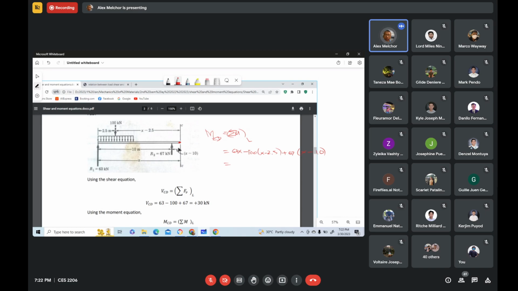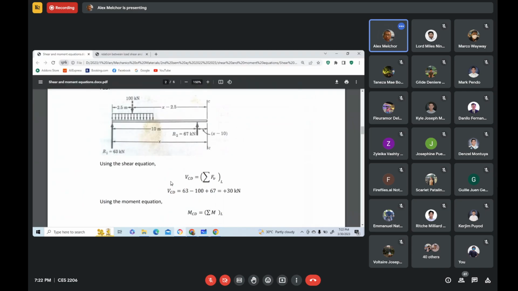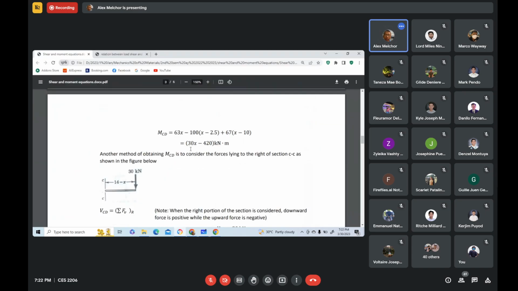So that gives us this. And simplifying, we will arrive in here: 30x minus 420. And we enclose that with a grouping symbol, and we write here the unit, kilonewton meters.